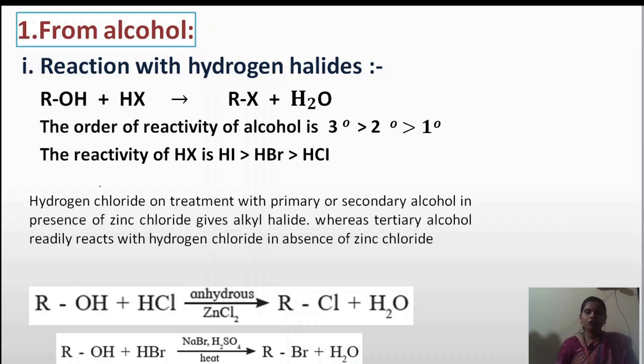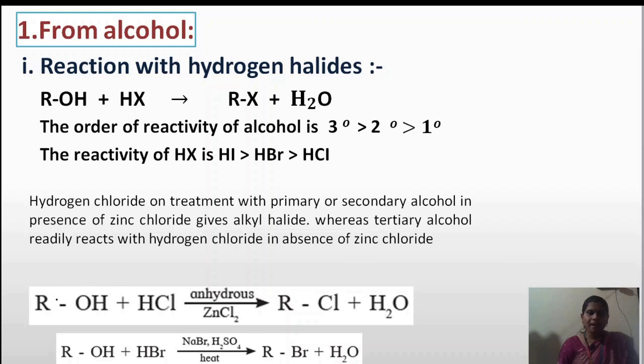When hydrogen chloride reacts with primary or secondary alcohol in presence of anhydrous zinc chloride, we will get the alkyl chloride and water. Now in this reaction we use the anhydrous zinc chloride as a catalyst. What is the role of this ZnCl2? This ZnCl2 is a Lewis acid, and it acts as a catalyst.